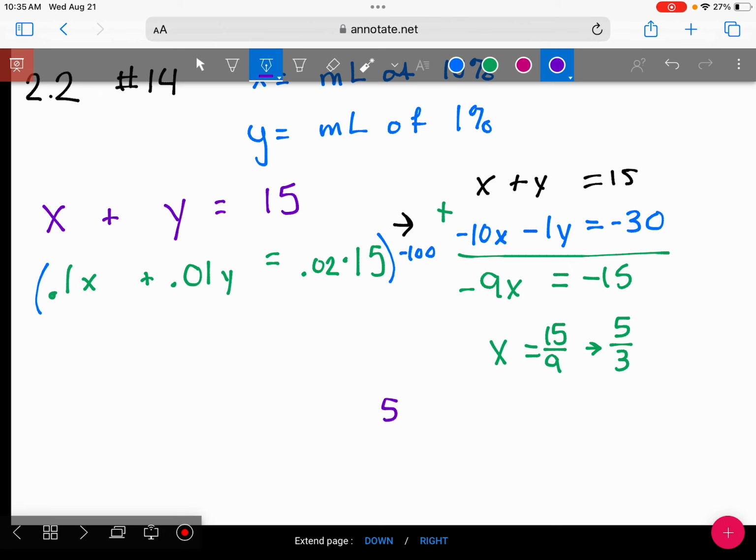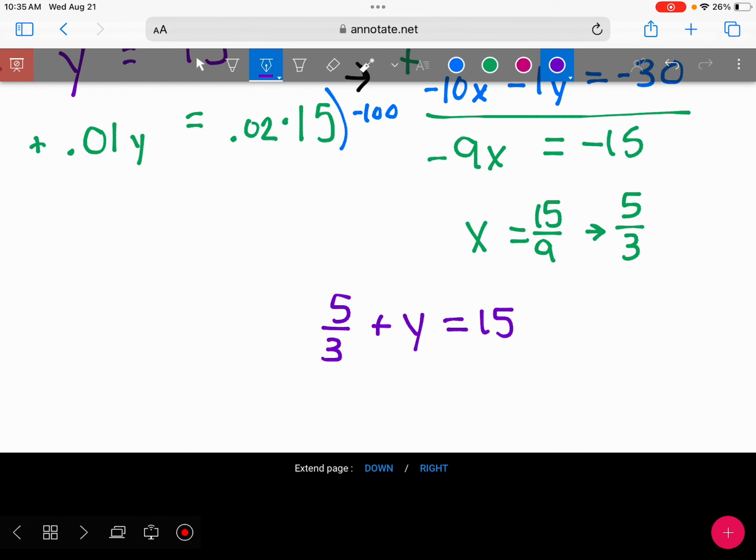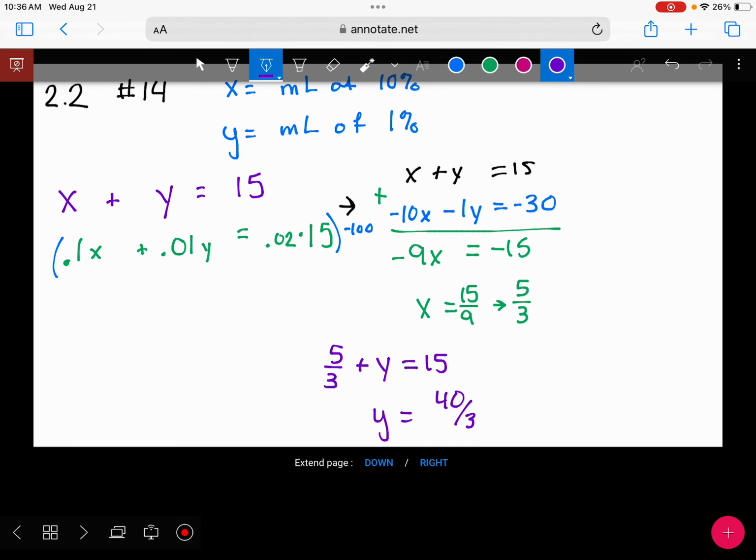I know we're going to have 5/3 plus something equals 15. What is our y going to be? Y is going to be 40 thirds. So we are right to the end of homework 14. So there's our x and our y.